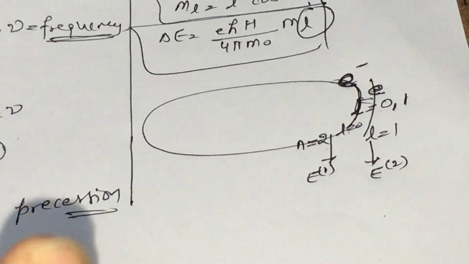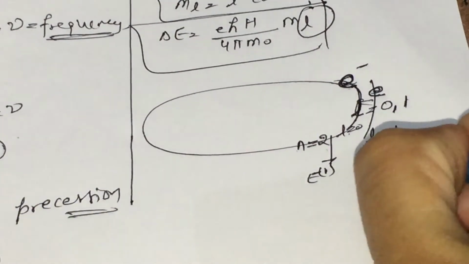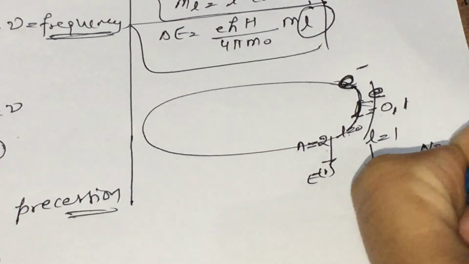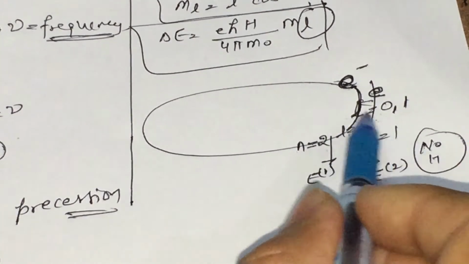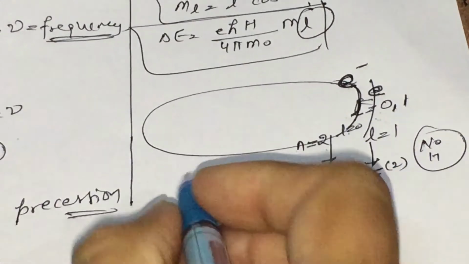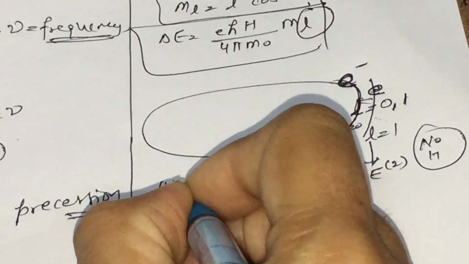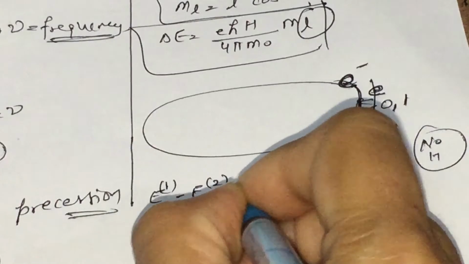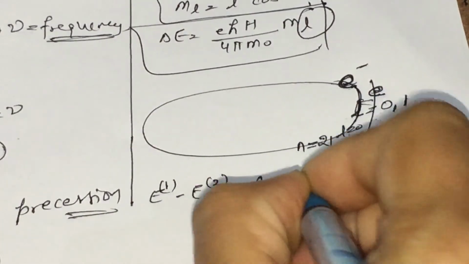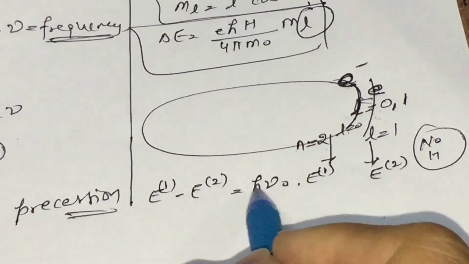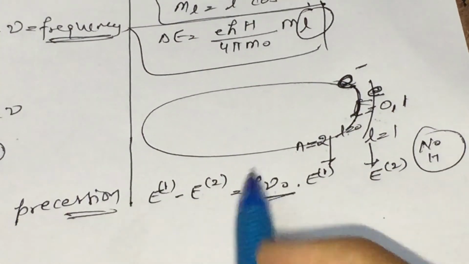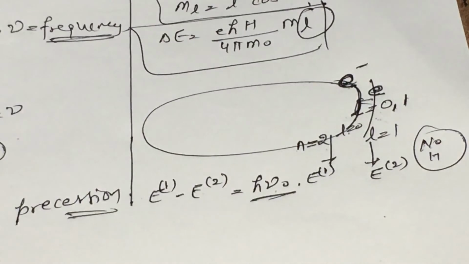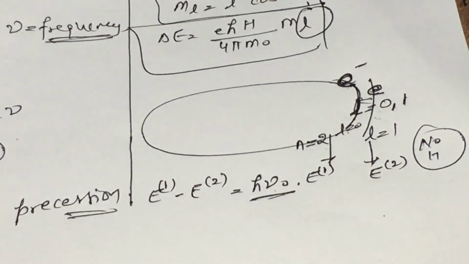Until now no magnetic field is applied, there is no H. If there is exchange of energy between these two levels, the change of energy is given by E2 minus E1 is equal to h nu naught. Now what happens when magnetic field is applied?